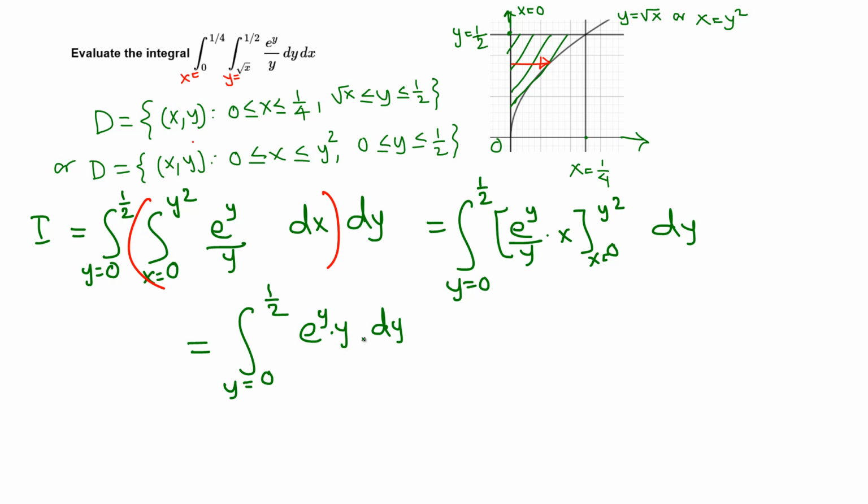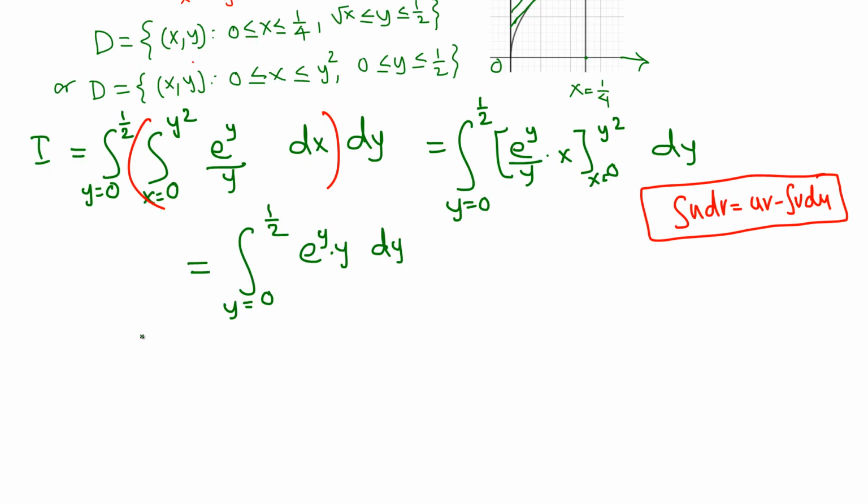So let's do the integration by parts. When we have u dv, that's uv minus the integral of v du. We need to choose u so that its derivative is much easier. The derivative of y is 1, so for this particular integral let u be just y and dv be e^y dy.